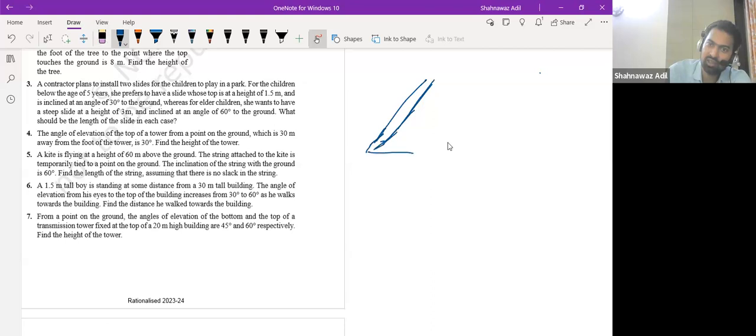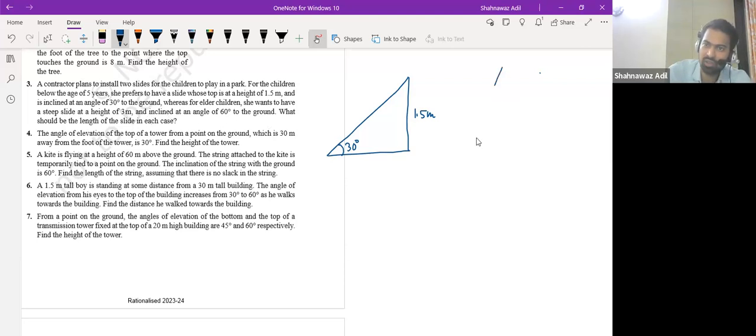One is this, and this is inclined at 30 degree. And the height is 1.5, right? And for the elder children, she wants to have a steep slide at a height of 3 meters, inclined at an angle of 60 degree to the ground.